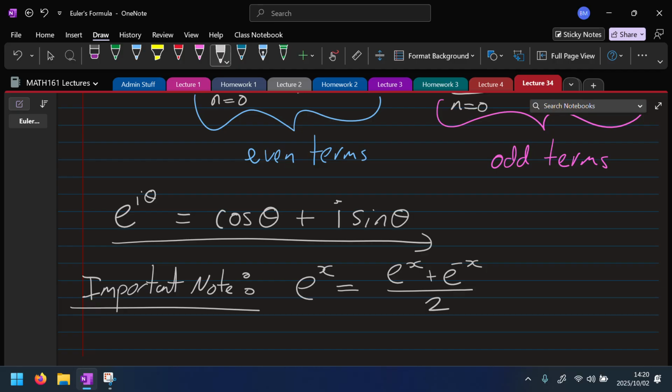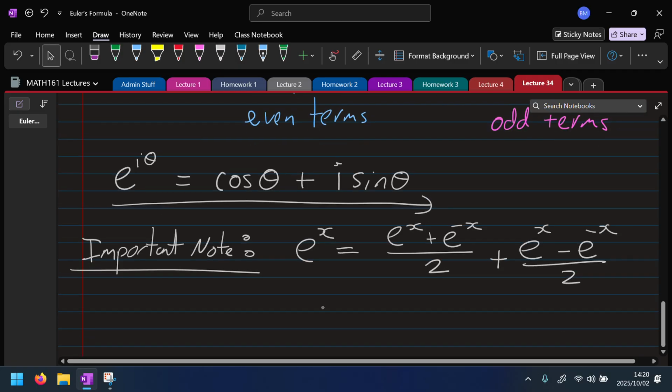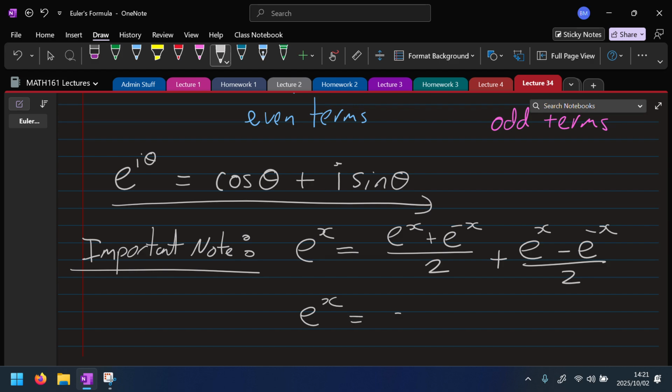Remember that? And then the odd part, that was e to the x minus e to the minus x over 2. What did we call the even part? That was hyperbolic cosine. And the odd part, what did we call that? That was hyperbolic sine, sinh.